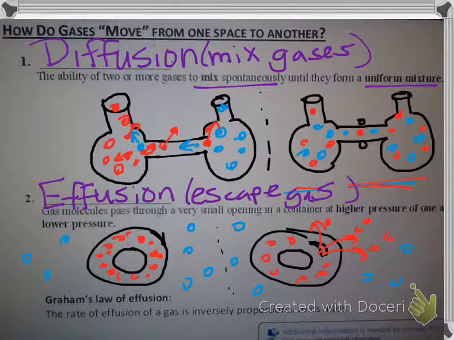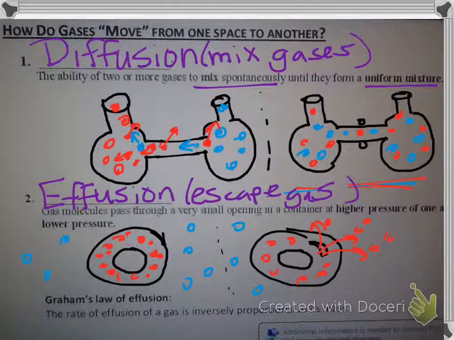Now, the question is, when I slice a hole in that tire, do you have to worry about your tire exploding because these gases are going to enter the tire, and the tire getting so full and at such high pressure that the tire is going to explode? No, you don't worry about that, right?